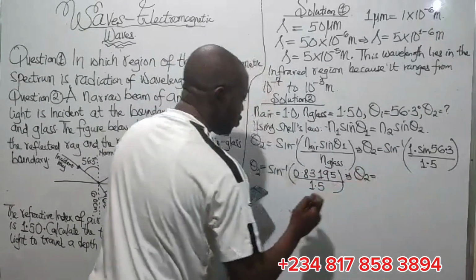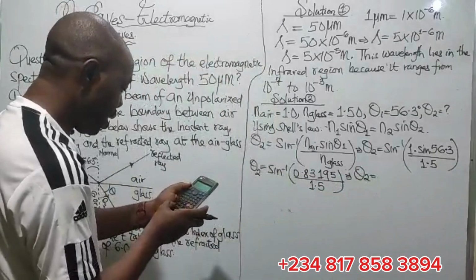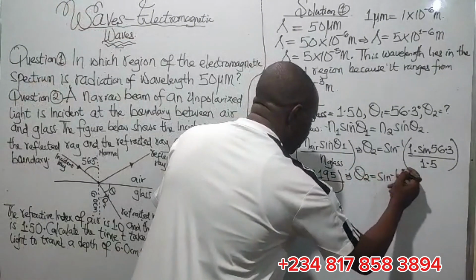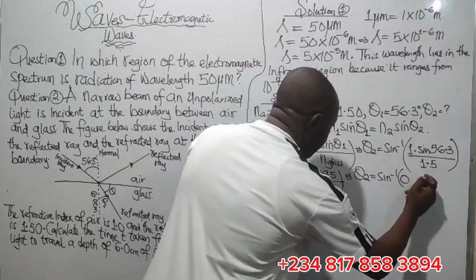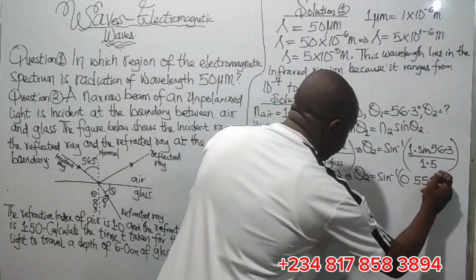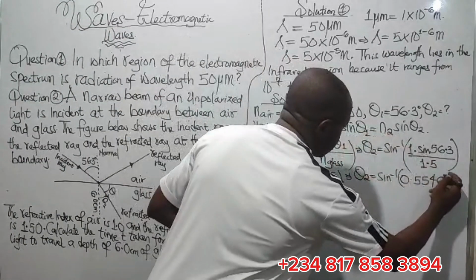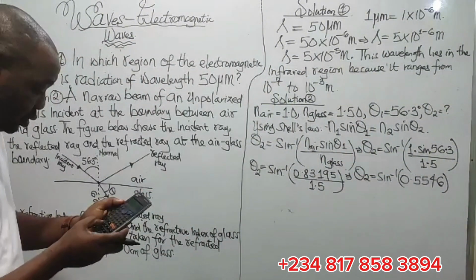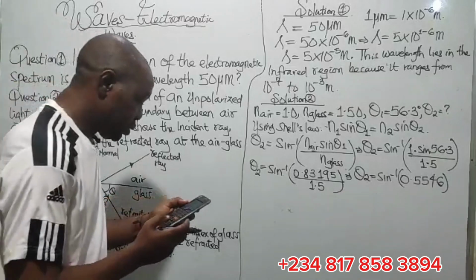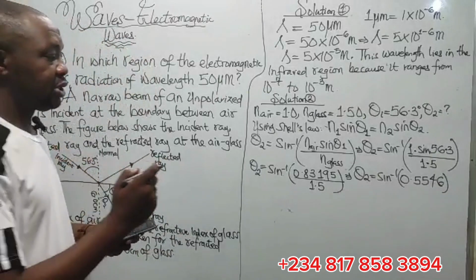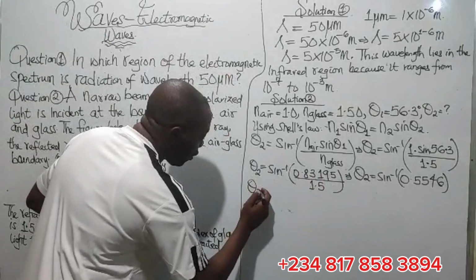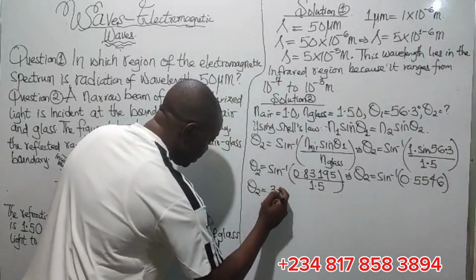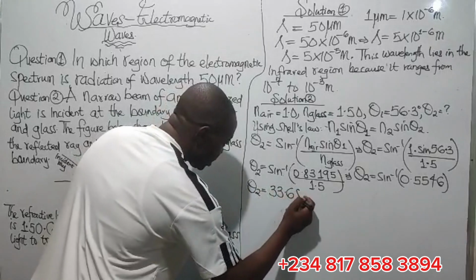When we divide this value by 1.5, we get the inverse sine of 0.5546. Now let's get this inverse sine of 0.5546. That would be 33.68. So the angle of refraction will be 33.68 degrees.